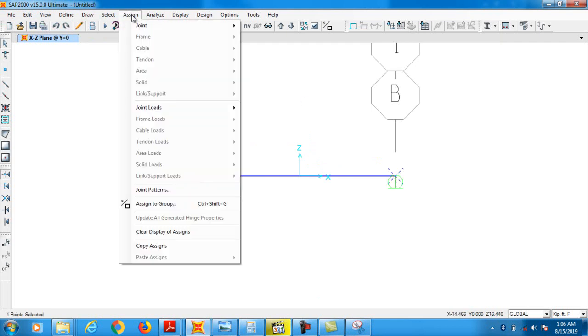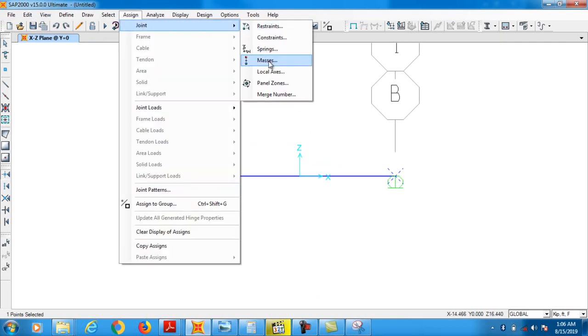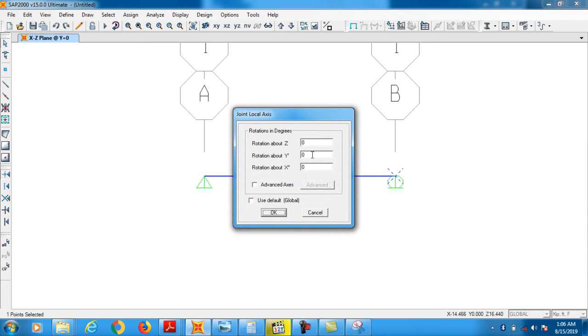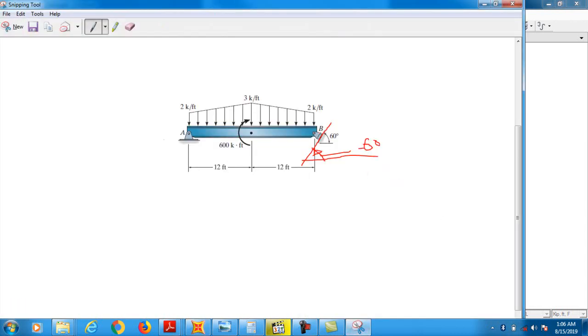Select the joint, assign joint local axis. We need to rotate the joint. This is the coordinate system.